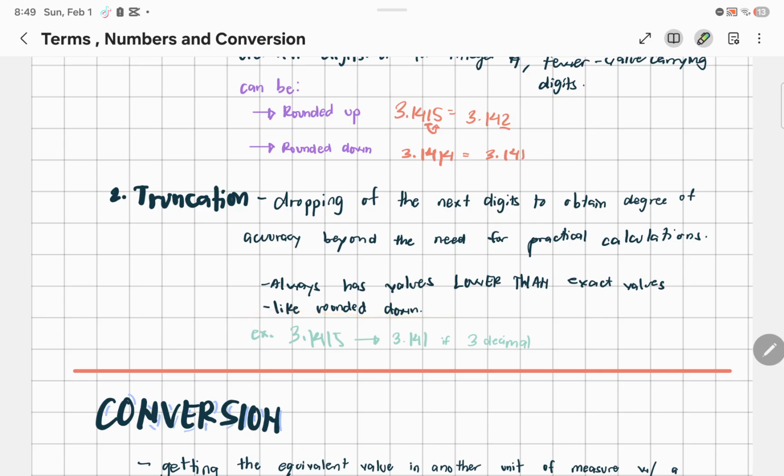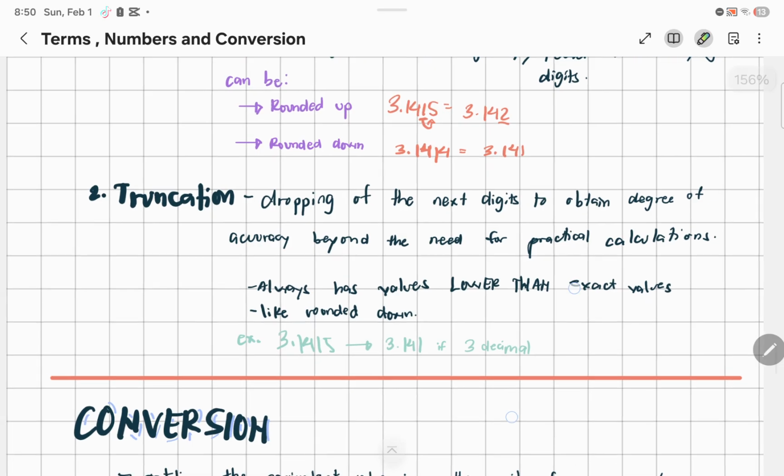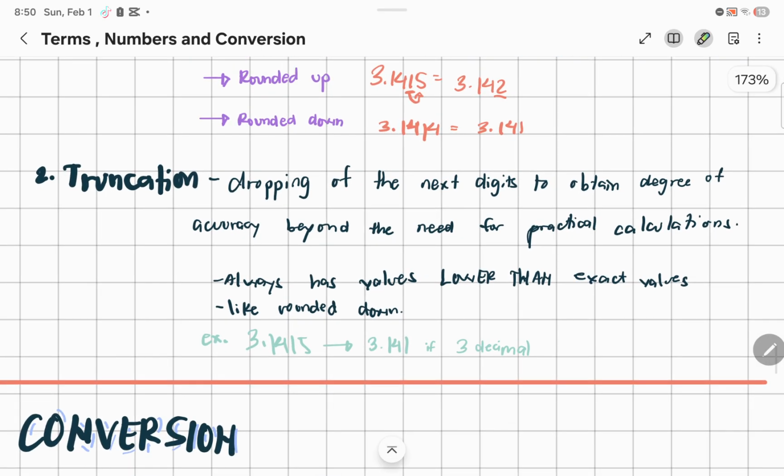So for example, we have 3.1415. If we want 3 decimal places, just like what we discussed earlier, supposedly if you use rounding, it will round up and become 3.142.